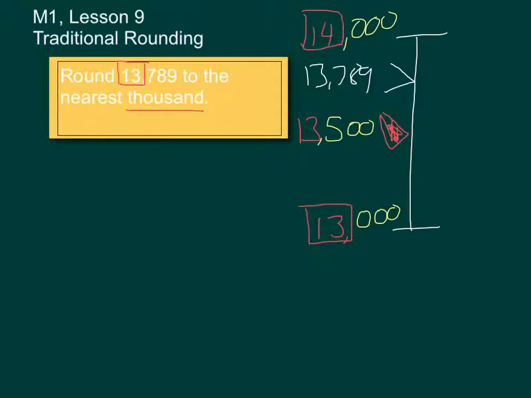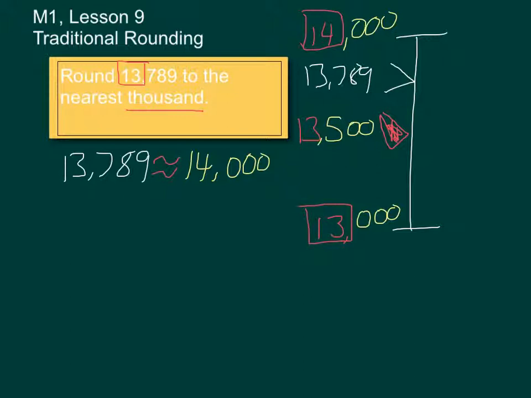Is it closer to 14,000 or 13,000? And we can look up and see that it's closer to 14,000, and we would write 13,789 is close to, or rounds to, this is the symbol we use right here to say close to, 14,000.